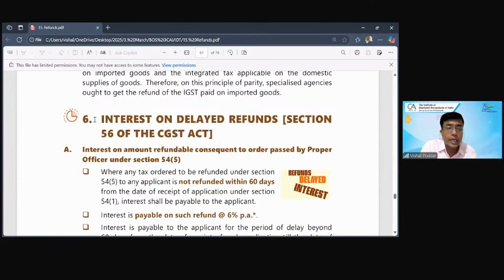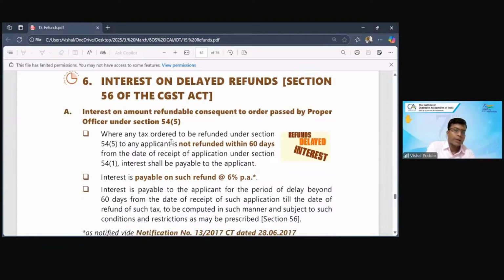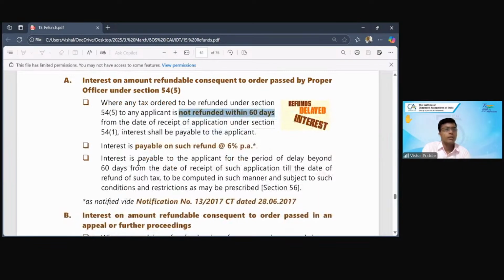Now, next comes interest on delayed refunds. This is interesting. Normally, you have to pay interest to government. However, Section 56 gives you interest when the amount which is due to you as refund is not given to you within 60 days from the date of receipt of application, then the government will pay you interest. But the rate is very low.